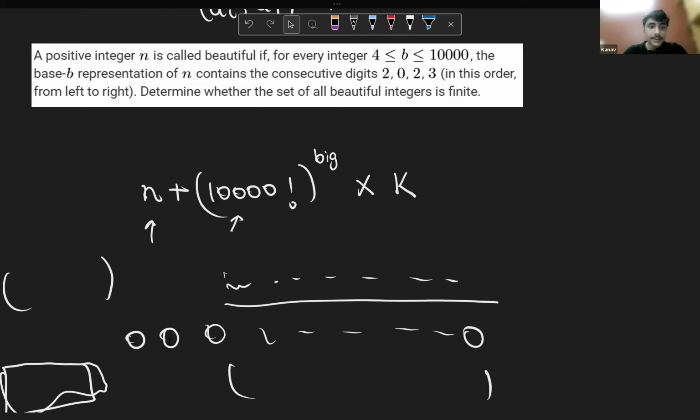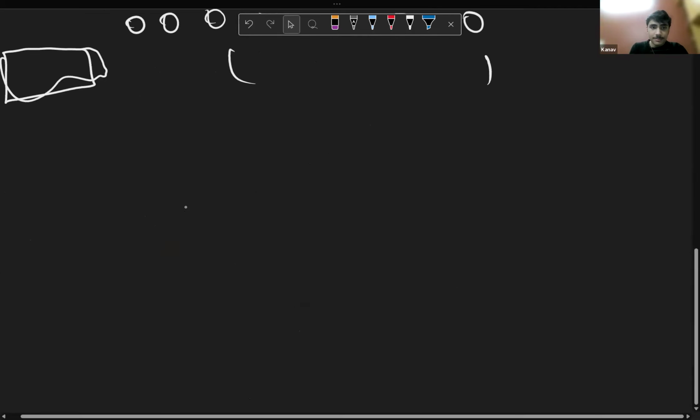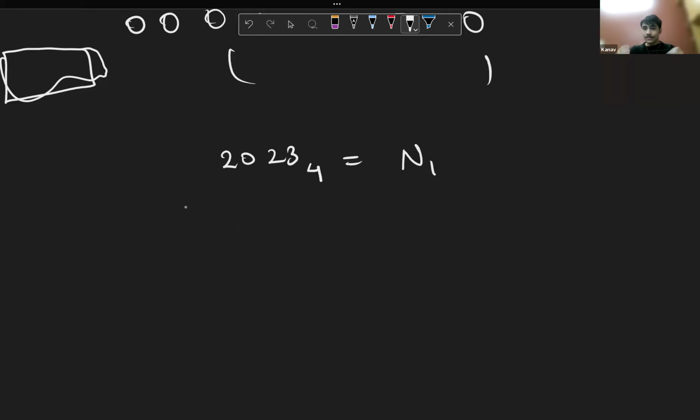So it says that the exact thing that we're doing right now, we can do it step by step. What does that mean? We start with just the base 4 representation of the number 2023. This corresponds to some number, let's call it n1. We start with a number which works for base 4. Now, let's do it step by step.